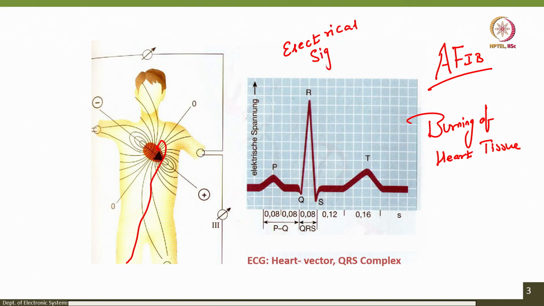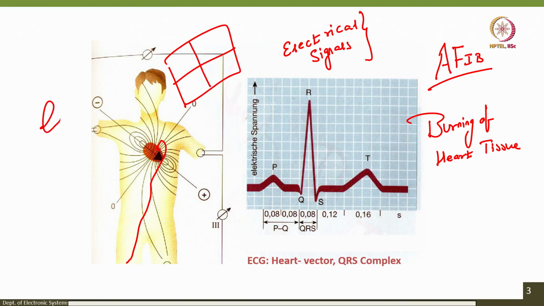If there is a misfiring of the signals, if the signal uniformity is not maintained, then they can see in which region of the heart the misfiring of signal is happening. That is called electrical mapping.